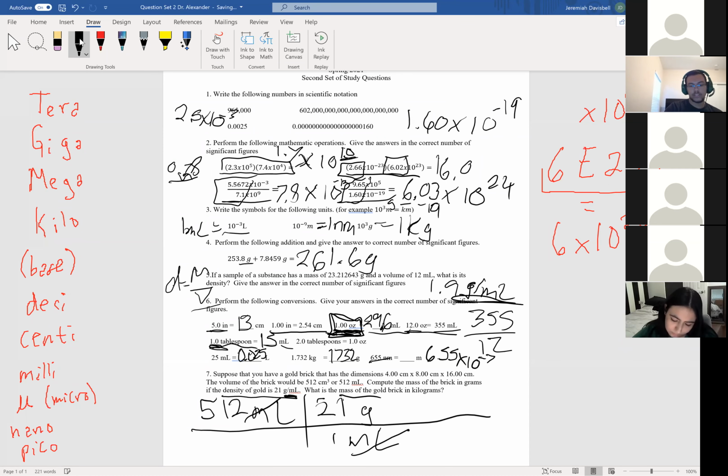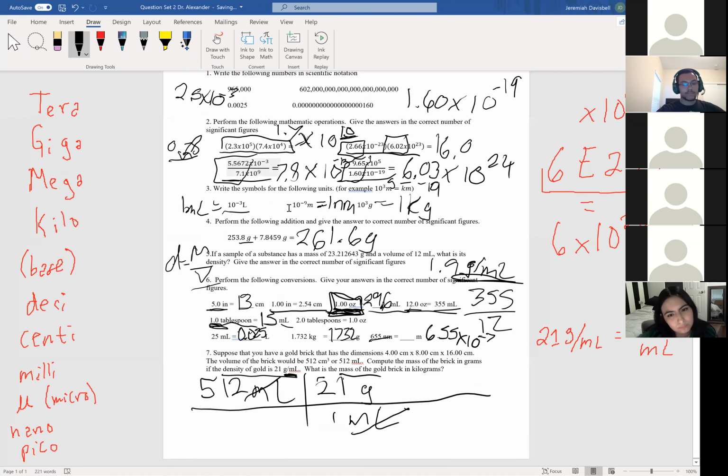So the milliliters will cancel out because units have to cancel out in order to be gotten rid of. So we'll multiply that 512 by 21, and that will give us 10,752. 10,752? Yeah. Okay, and that's grams.